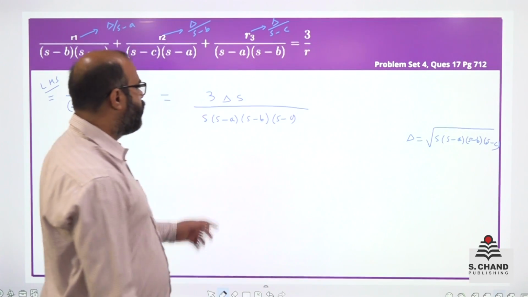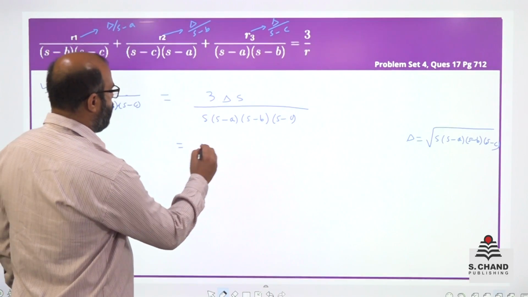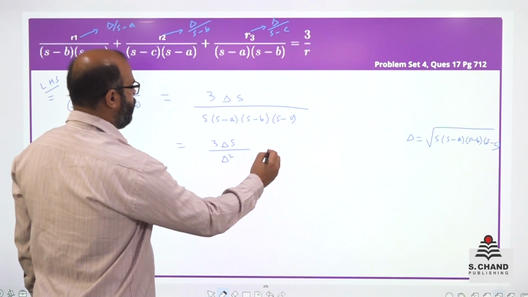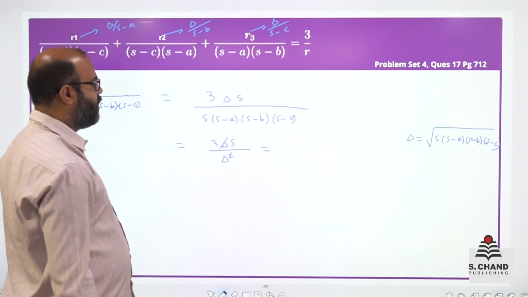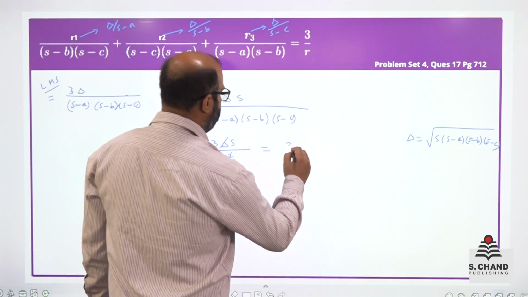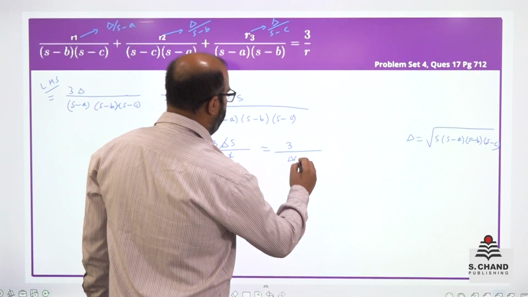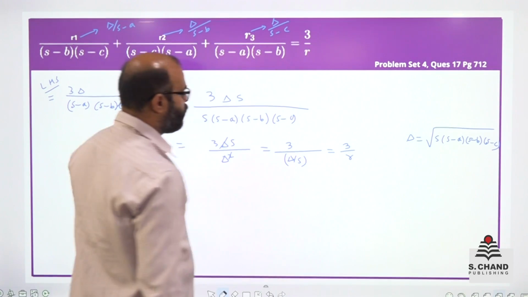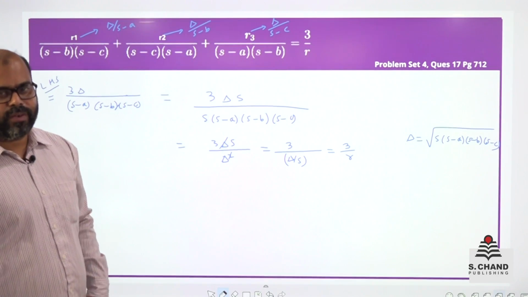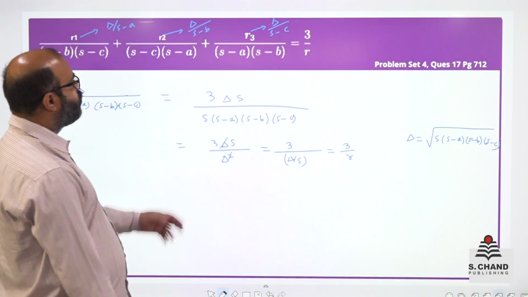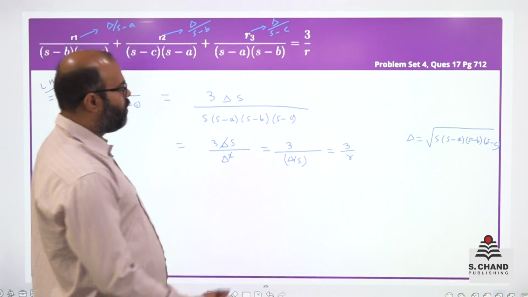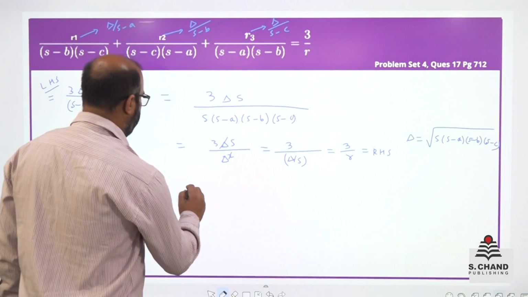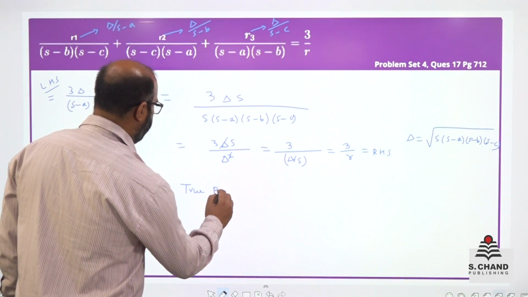So using this formula, this denominator can be written as a square of the area of triangle. So this triangle and this triangle will cancel. So this will become 3 by triangle by s. Now what is triangle by s? This is small r. A small r, the inradius, is equal to area of triangle by semi-perimeter. So yes, the left hand side is equal to right hand side. So we can say true, proved.